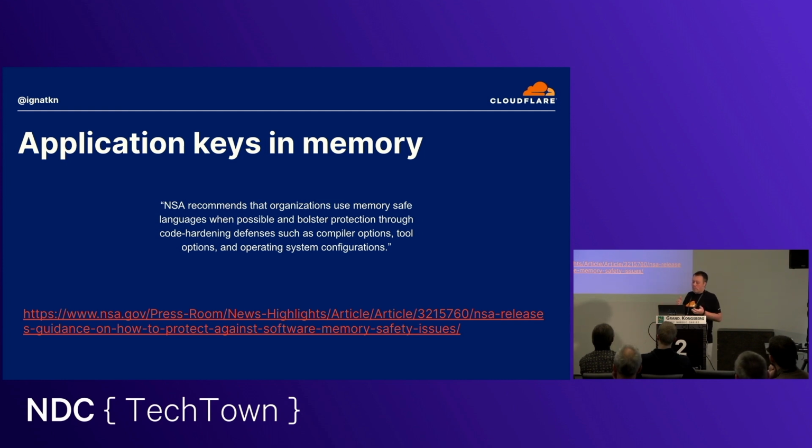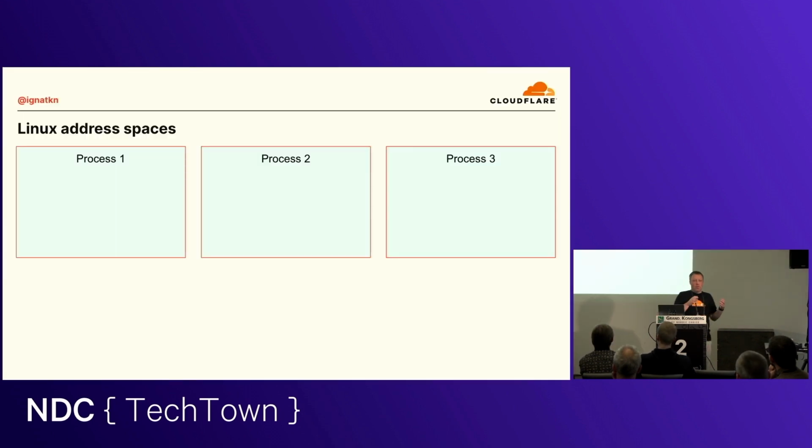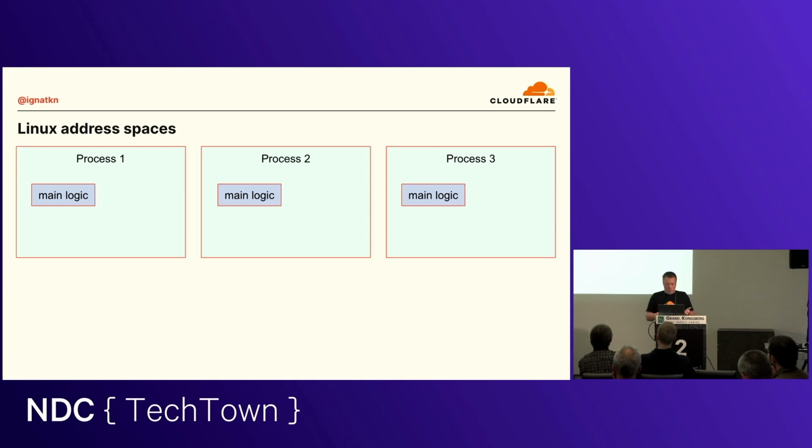So let's talk about application keys in memory. Before we go to the application key specifically, let's revise the concept of Linux or any operating system address spaces. Imagine you have several processes running on your system. So what's inside the memory of these processes? You have your main logic, main functions and other code you wrote.